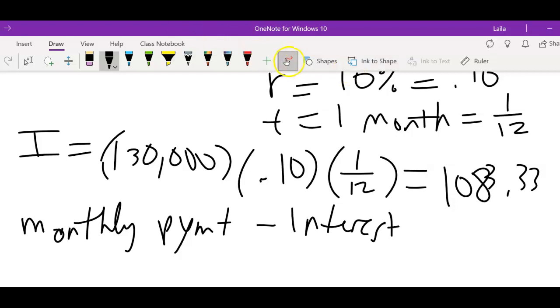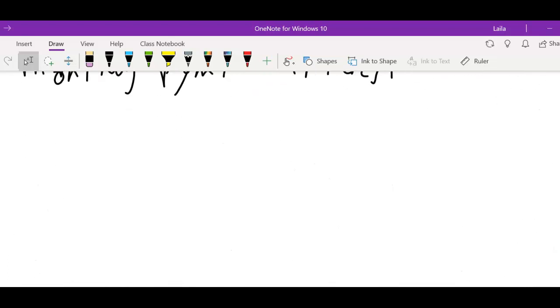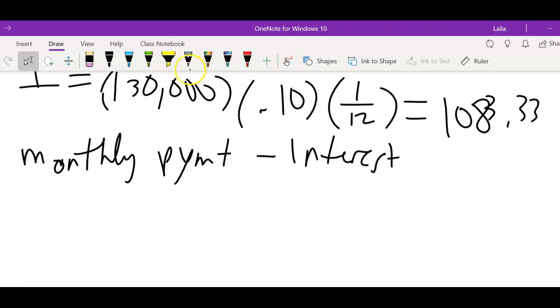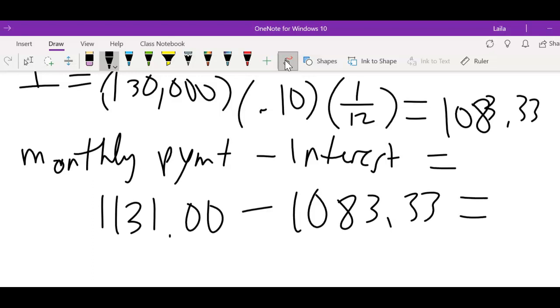So our monthly payment that this family was making was $1,131. $1,131 minus $1,083.33. And only $47.67 goes to the principal.